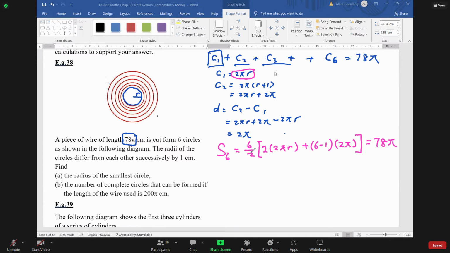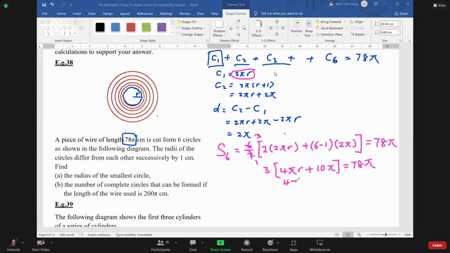So divide by 2, 1, divide by 2, 3. So that means 3 times what? 4 pi r plus 5 times 2, 10. Sorry, this is 4 pi r plus 10 pi. So it must equal to 78 pi. So you bring the 3 over.